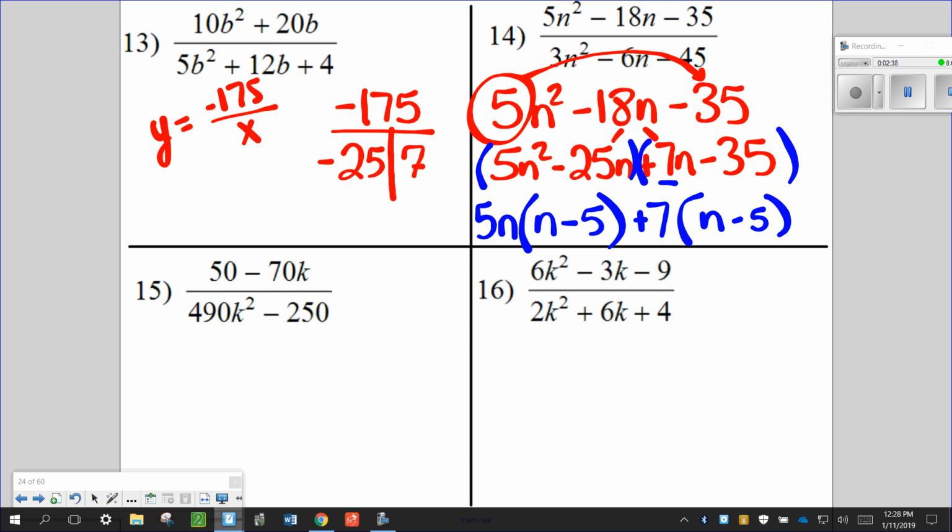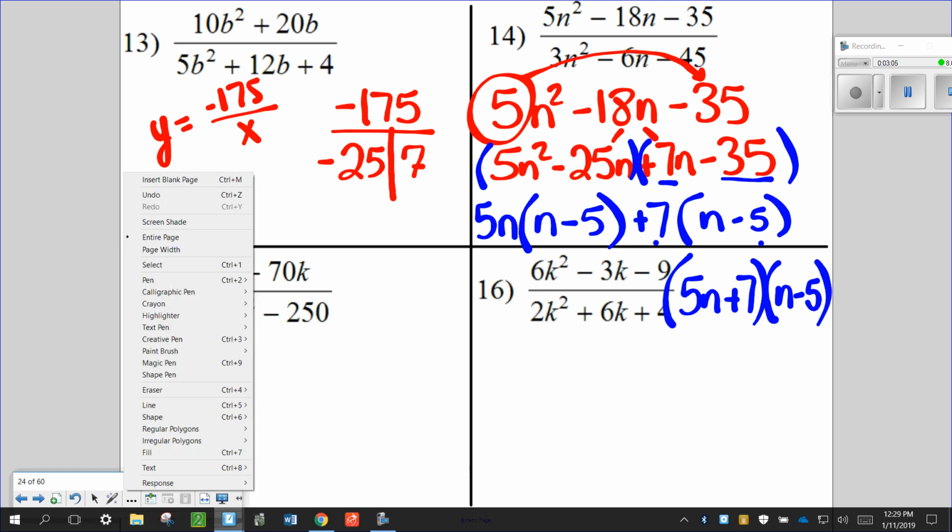And then you want to check yourself. Positive 7 times negative 5 is negative 35. So my factors are correct. Okay, so the final factorization of the numerator is 5n plus 7 times n minus 5.